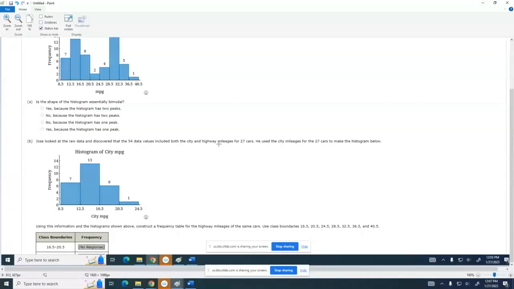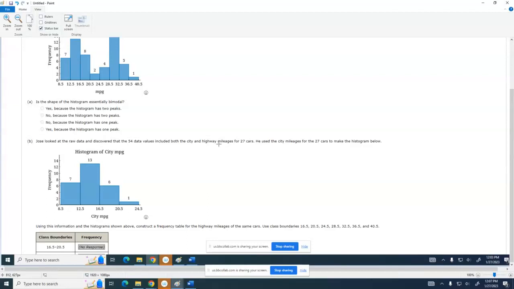How many in the highway? 2. And the next one is only 1 in the city, and overall I have 2. Then how many in the next class? In highway, 1. Here, no city, so 24, and they are all in the highway. I don't know how many this one is, but they are all in the highway.